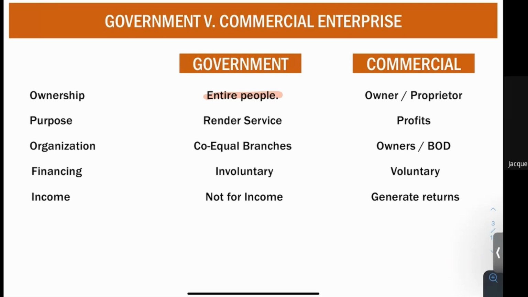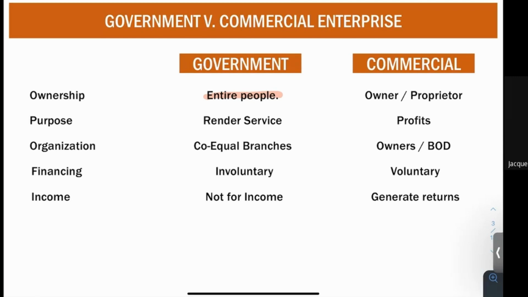So the power still resides with the people, and we are considered the owners of the government. However, of course, in actual practice, that is not the case. Whoever is in authority felt that they have the ownership over the government. But that should not be the case because even in our Constitution, it is said that the owner of the government is the people.